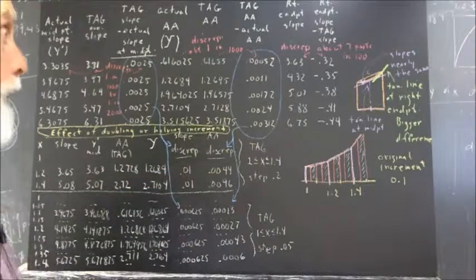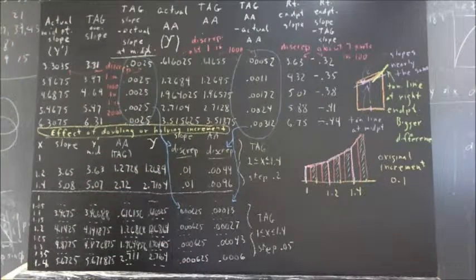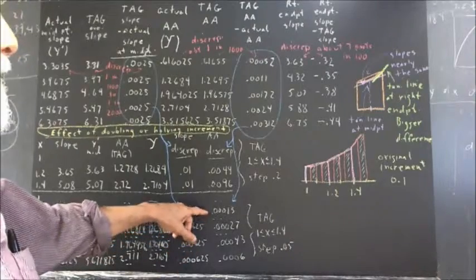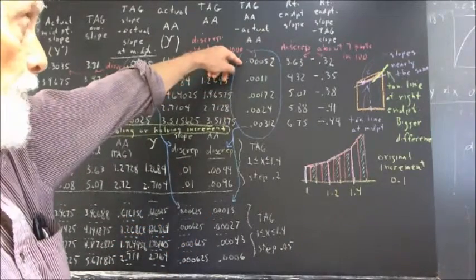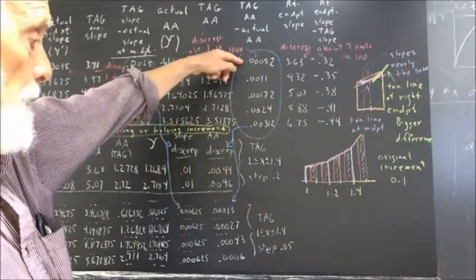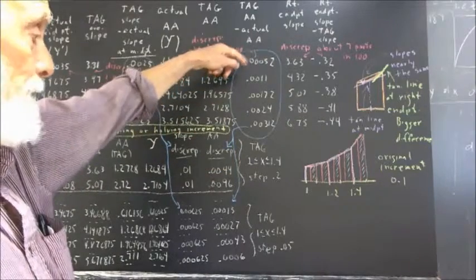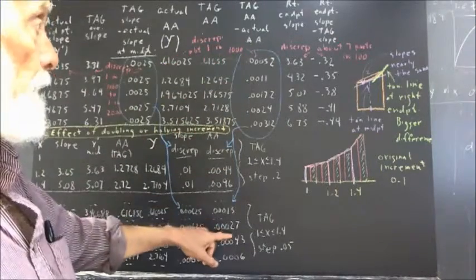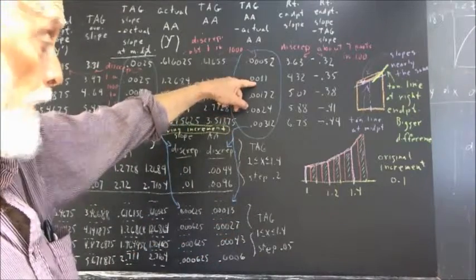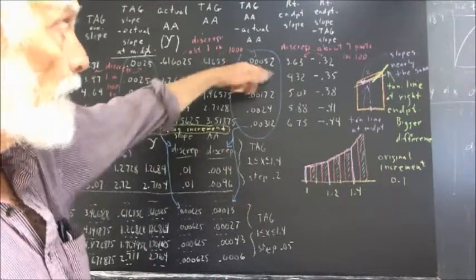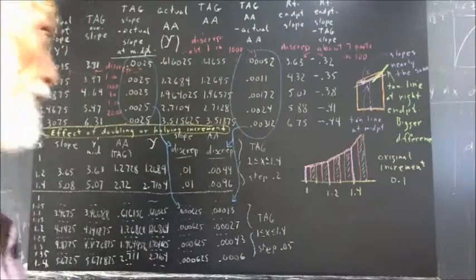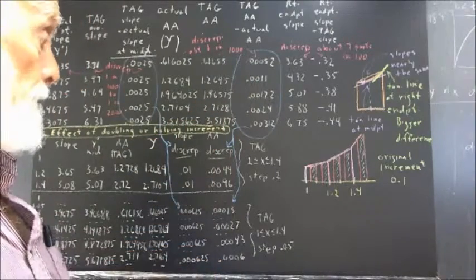With the areas, what happens? Well, if we compare the 0.0013 with the 0.0052, we see that that's about 1/4 of this. The 0.0027 is about 1/4 of this. 25 is 1/4 of 100. 27 is 1/4 of 108. So 1/4 seems to work pretty well.